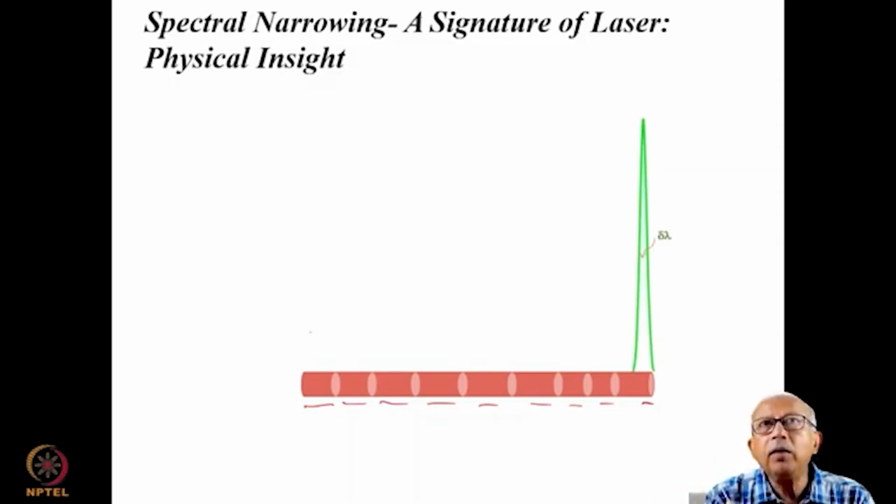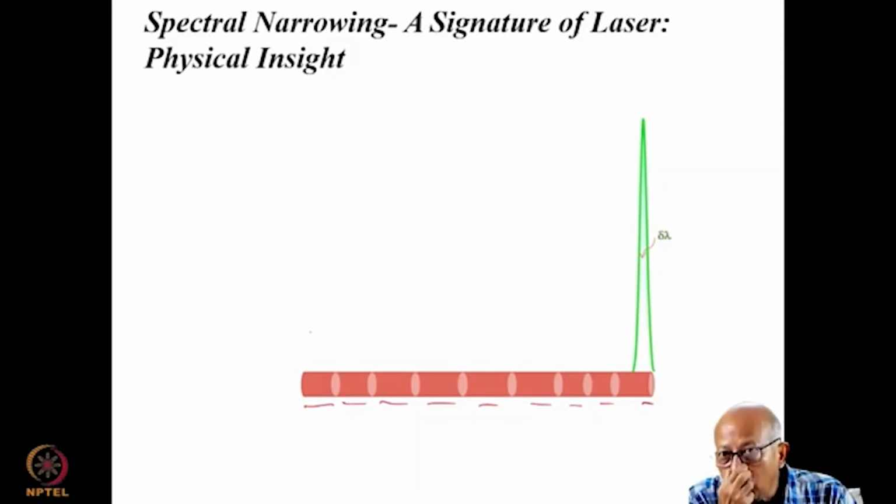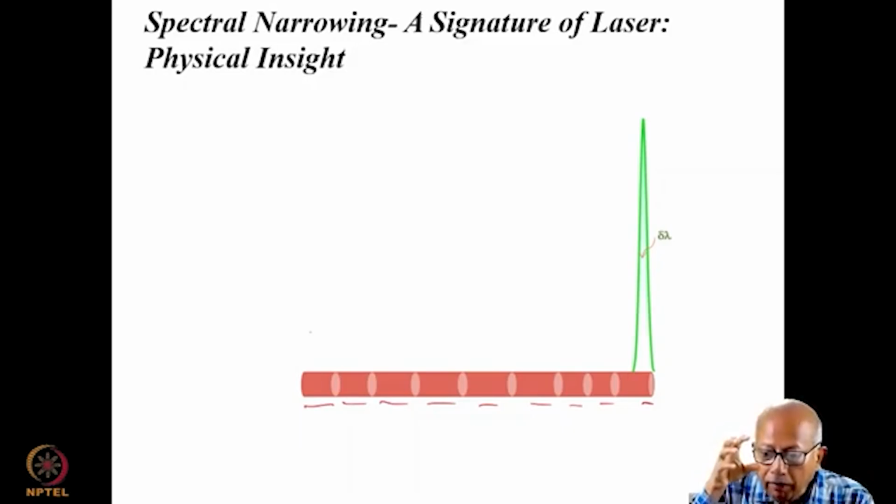Thus, I think I have made it amply clear to you why spectral narrowing provided a signature of amplification of light, and Maiman used this as evidence that he had operated the first ever laser, although he never operated his laser based on the concept of a cavity.